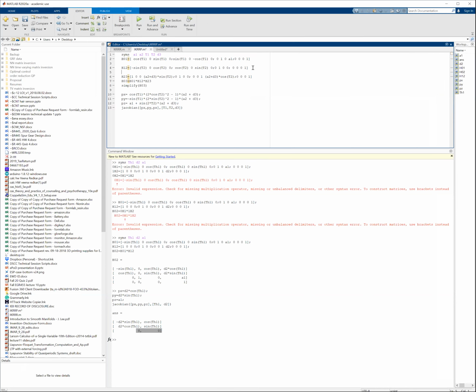And H23, the homogeneous transformation at joint 2, 3, was this guy. Then what we do is multiply H01, H12 and H23. So that gives me H03.